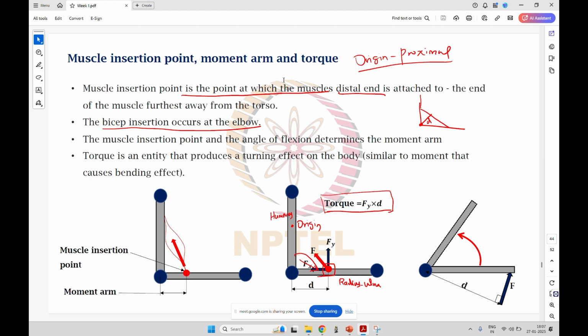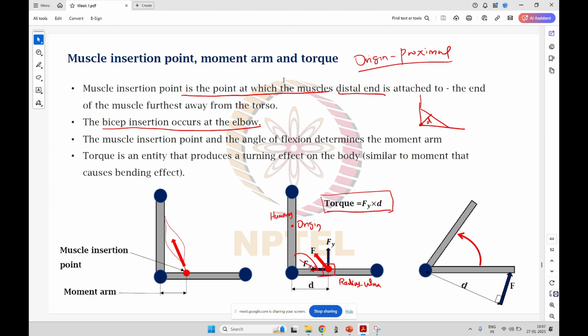Yeah. So how do we know about the insertion point of the muscle? Insertion point is always the distal point, and the origin point is always the proximal point.